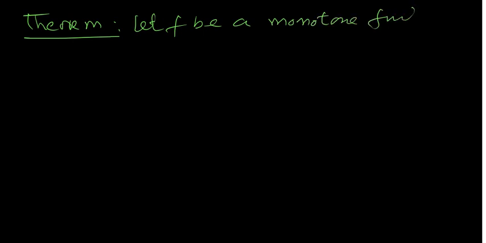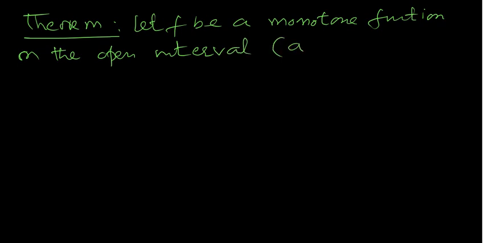Okay, let f be a monotone function on the open interval a b. It may be unbounded, a and b may be infinities, so this a b may be the whole real line.